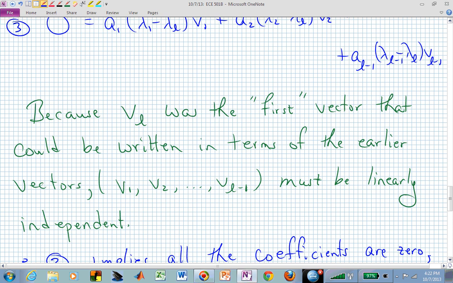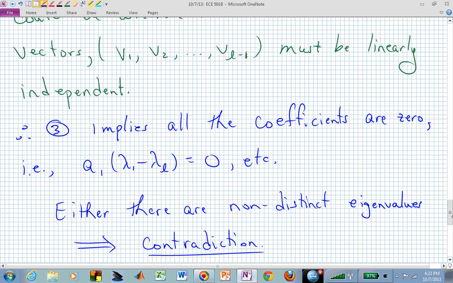If that's the case, then when you add another one, it must be giving you a new direction. So all of these are linearly independent. Is that making sense? So v1 through v sub l minus 1, that set of vectors is linearly independent by design, by the choice of v sub l. We said v sub l was the first one to be in the span of all of these others. And that made v1 through v sub l linearly dependent in our original assumption.